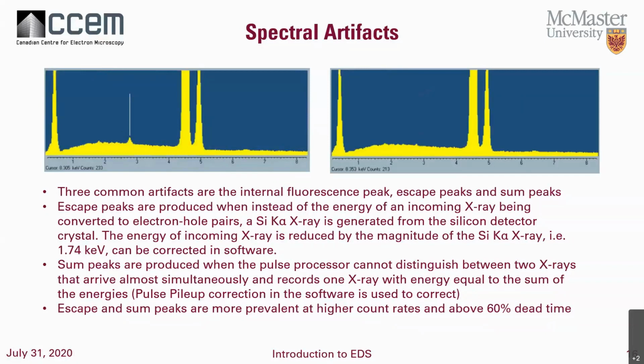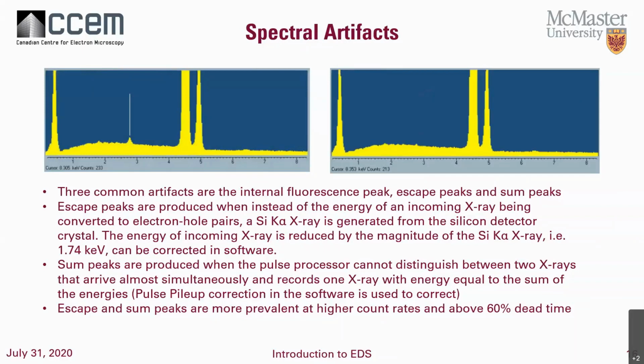Internal fluorescence usually only happens in the older detector systems, which are the silicon lithium. Escape peaks happen when the actual X-ray is not converted to an electron-hole pair in the actual detector or sensor.